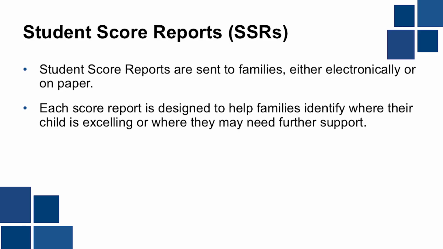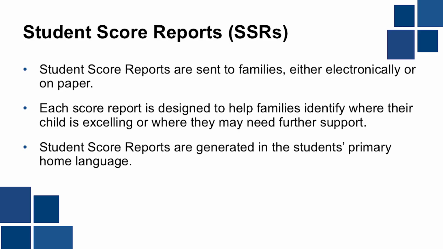Each score report is designed to help families identify where their child is excelling or where they may need further support. Student score reports are generated in the student's primary home language, and local educational agencies, or LEAs, can request additional languages in the Test Operations Management System.